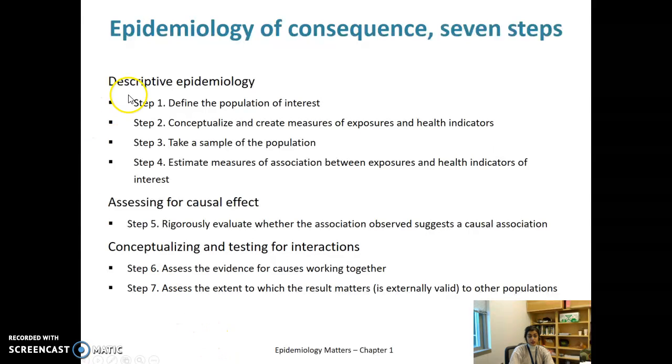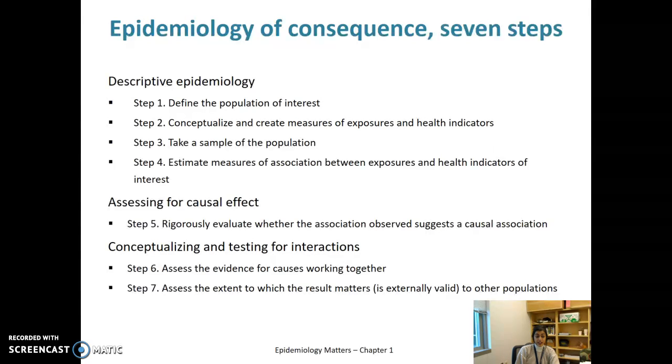Starting with descriptive epidemiology, we define the population of interest, conceptualize and create measures of exposure and health indicators, take a sample of the population, estimate measures of association between exposures and health indicators of interest, and then in the next part, we're assessing for causal effect, so whether this exposure was really the cause of the disease.